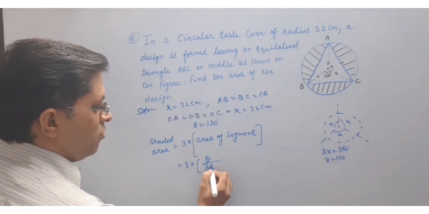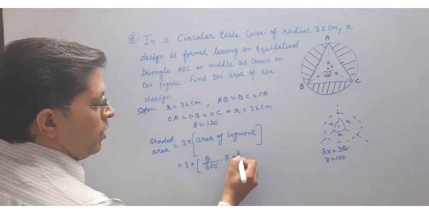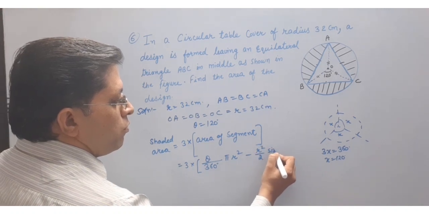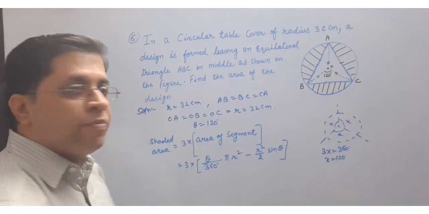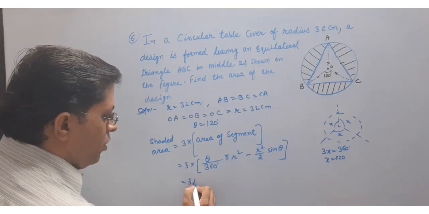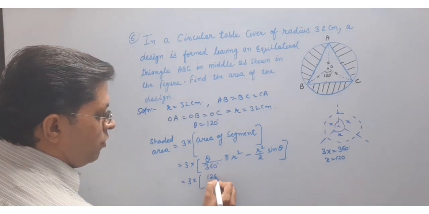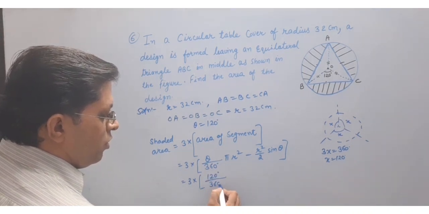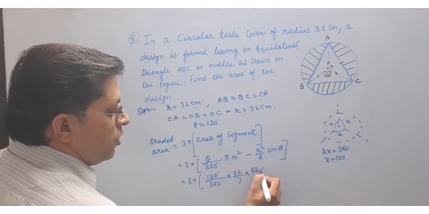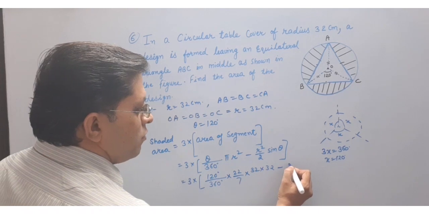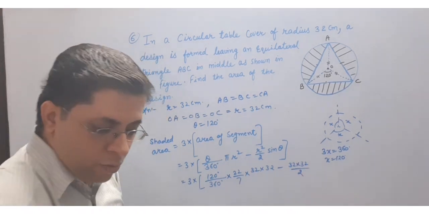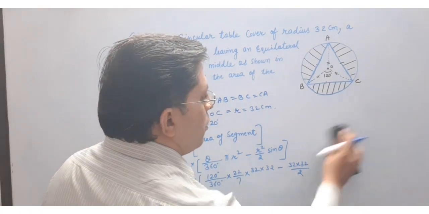Theta upon 360 degrees into pi r square minus r square upon 2 sine theta. Put the values here: 3 into 120 degrees upon 360 degrees, 22 upon 7, 32 into 32, minus 32 into 32 upon 2, sine theta.